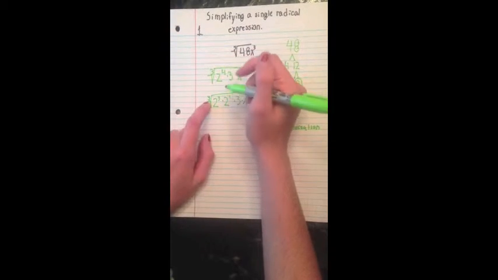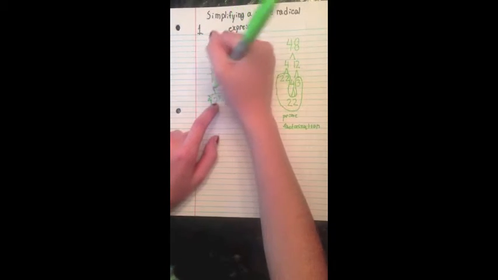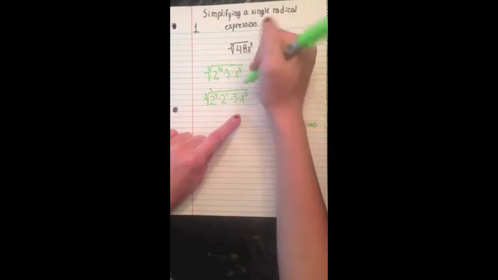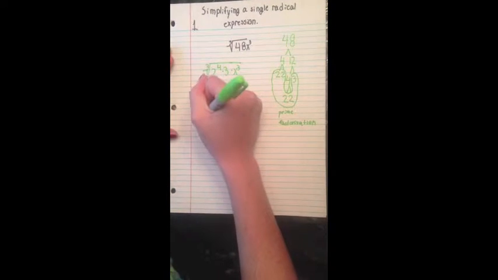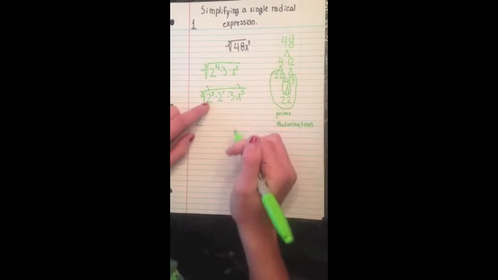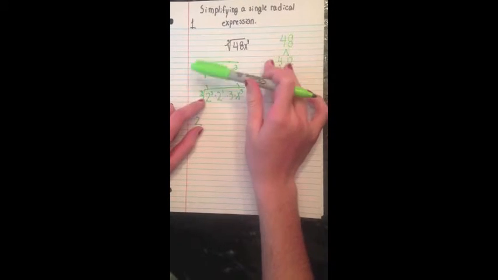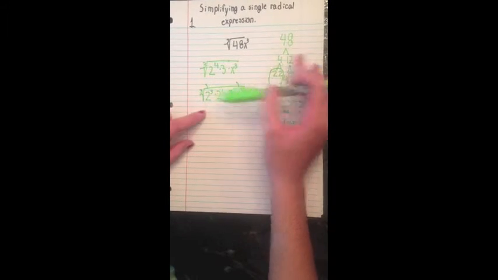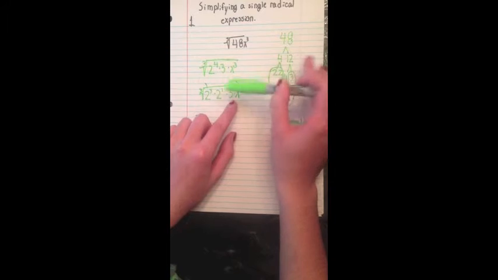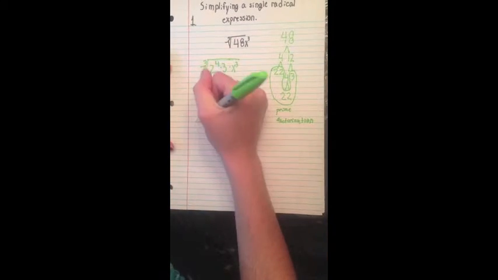And since it's 3 for the index, you can pull out anything that has 3 for the exponent. So you're going to pull out 2 cubed, and the cubed root of 2 cubed is 2, and the cubed root of x cubed is x.